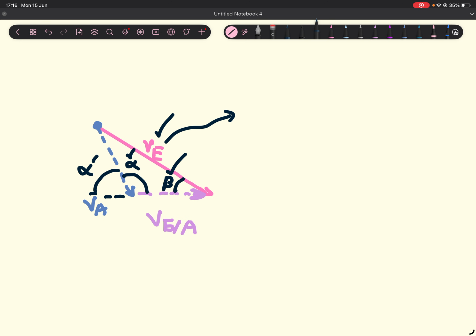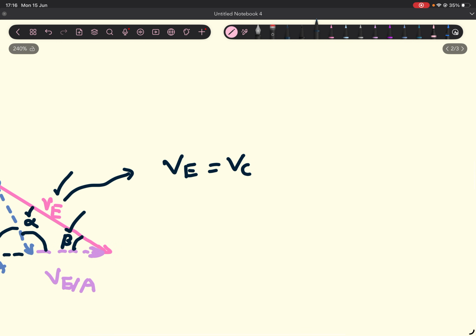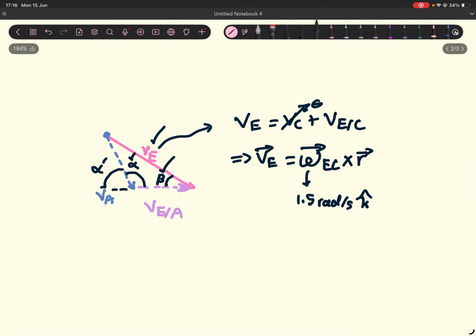Remember, we solved for VE by saying VE is equal to VC, and C is a fixed point, plus VE relative to C. VC was 0, so VE is equal to omega EC crossed with R. And we know this is 1.5 radians per second, right?